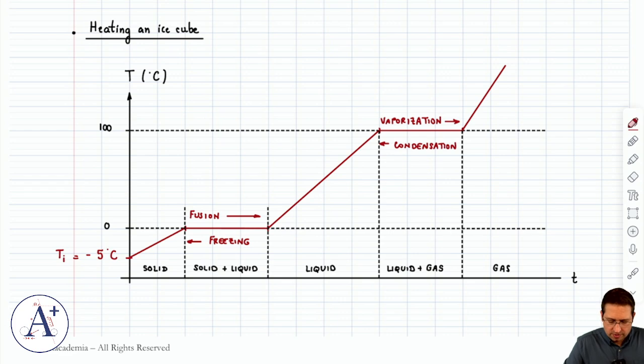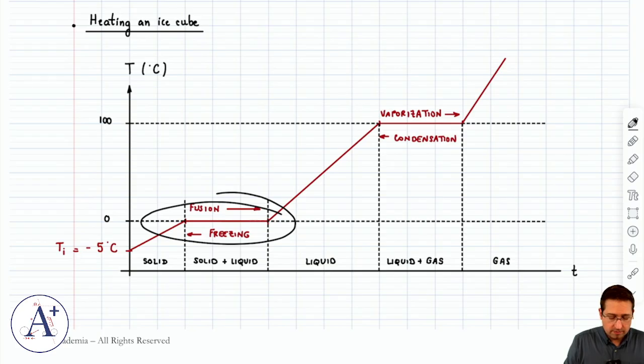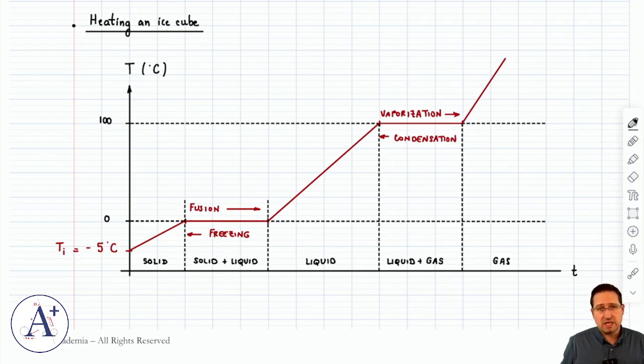Now, in each step of this process, heat is being transferred between the stove and the pot with the ice cube. So in every single step, there's heat transfer. In fact, there's always heat flowing in. But because temperature stays constant does not mean that heat stops flowing in. That's not true. It just means that the temperature doesn't change as you undergo the phase change, but you still have heat coming in.